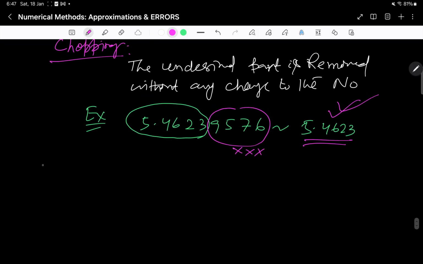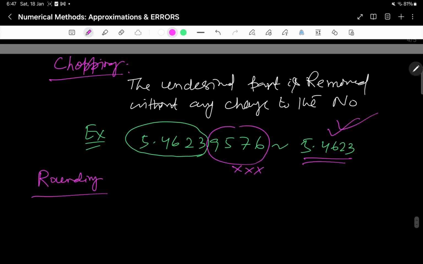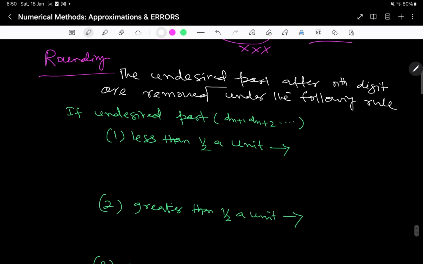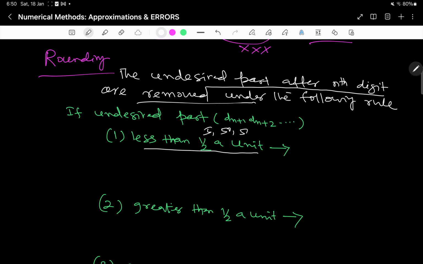Now coming to rounding. Here the undesired part is removed, subject to a little change in the existing part. In rounding, the undesired part after the nth digit is removed under the following rule: if the undesired part is less than half a unit, meaning 5 or 50 or 500 like that, then dn is replaced by dn, no change.